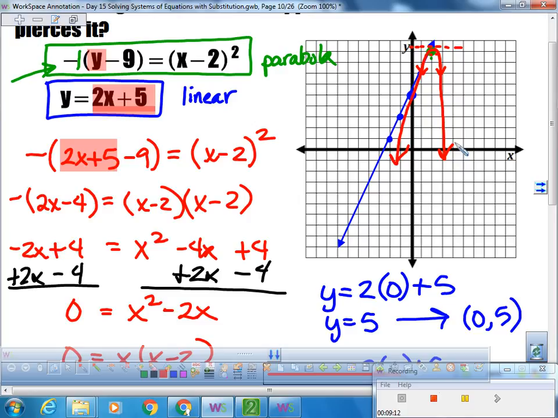Is there any way possible, humanly possible, that I could have sketched that parabola and known that it was going to cross right there? There's no way. You could do it on Desmos and see it. Desmos would show you right away. Okay? There's no way for me to show you guys how to see that connection right there. It was actually a good one for us to do to start with.